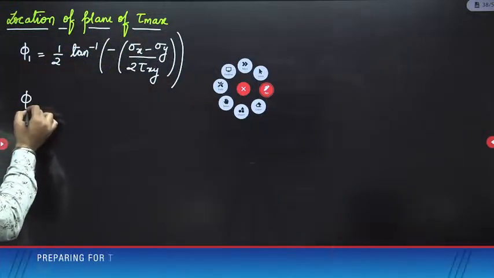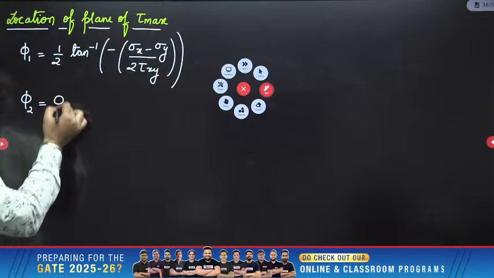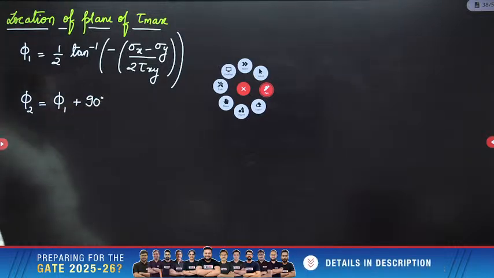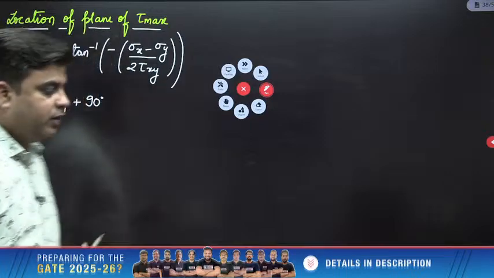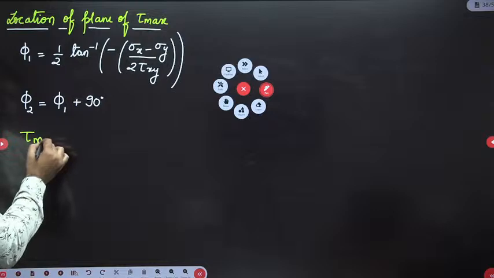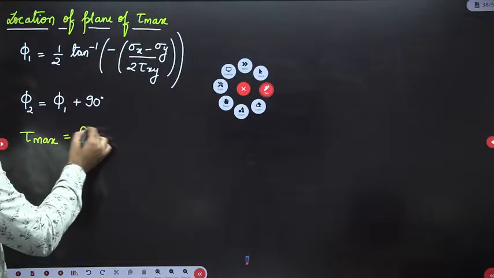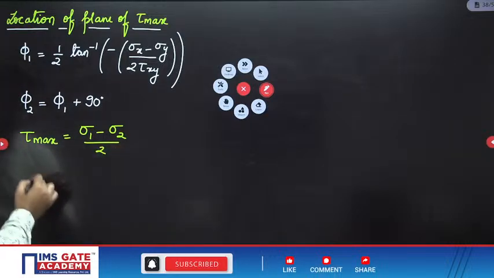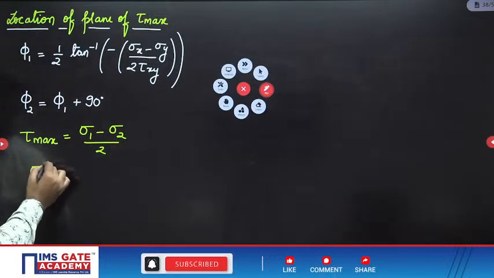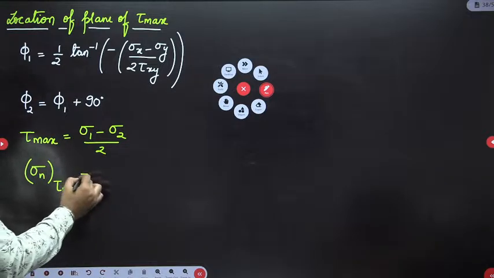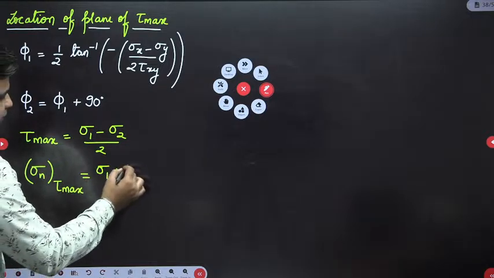The second location will be phi 1 plus 90 degrees, because both the planes are mutually perpendicular to each other. Then the value of tau max is equal to (sigma 1 minus sigma 2) by 2. And the normal stress on the plane of maximum shear stress is (sigma 1 plus sigma 2) by 2.